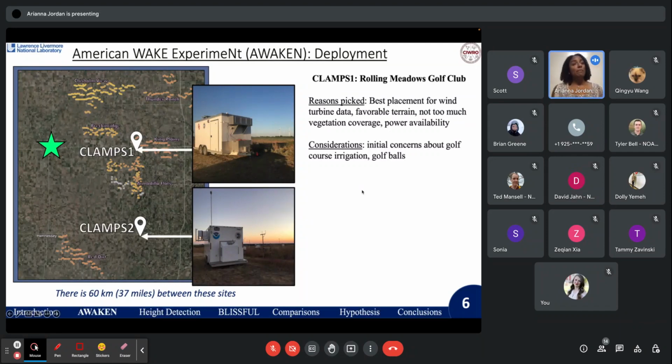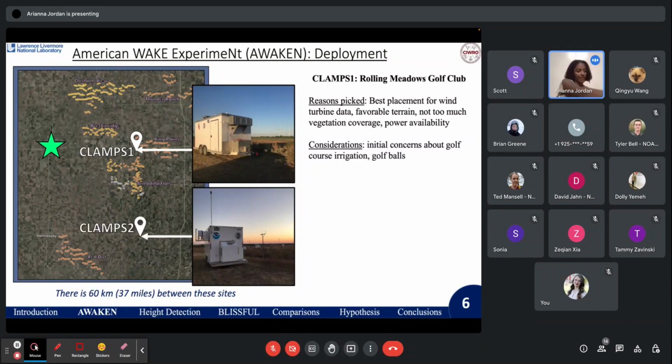And there's plenty of power availability for CLAMPS from the golf course. Initially, we were a little bit concerned about golf course irrigation, but that was before we really saw the site. It turns out the land is actually not too different from the land surrounding it anyway, which is crops. So as far as land heterogeneities go, that's not too much of a concern.